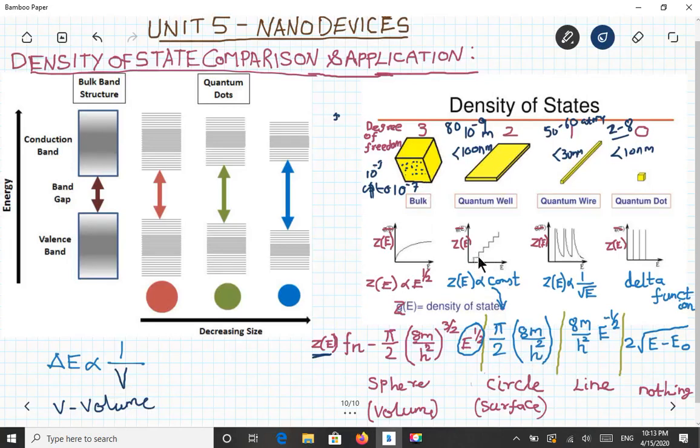We call this a step function. Which means now you have reduced the energy levels for electrons to occupy. You are reducing further, so only a few electrons can occupy, but still this is bigger.